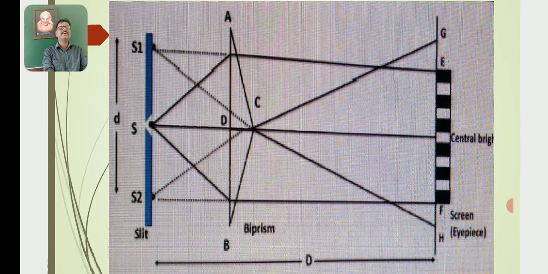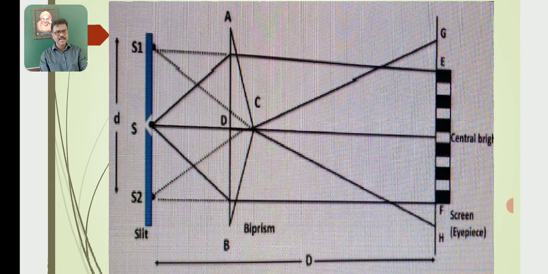The incident light undergoes refraction. The rays refracted at the upper portion of the biprism appear to be diverging from the source S1.